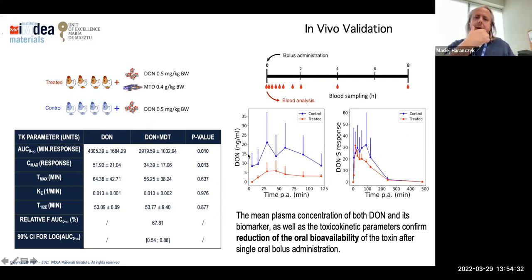So in this case we work with chicken. We can take a blood sample and measure the amount of toxin in blood. One test, the plot on the left, is the amount of toxin over the time since the toxin was administered.